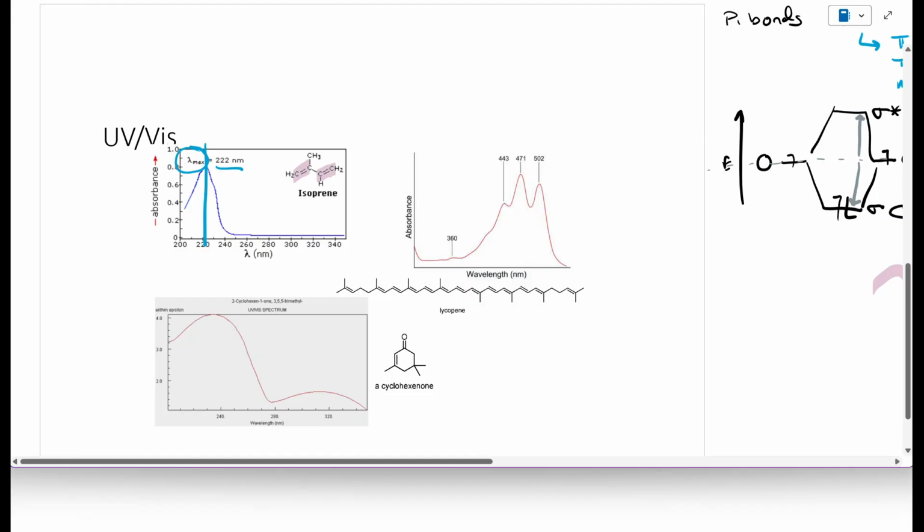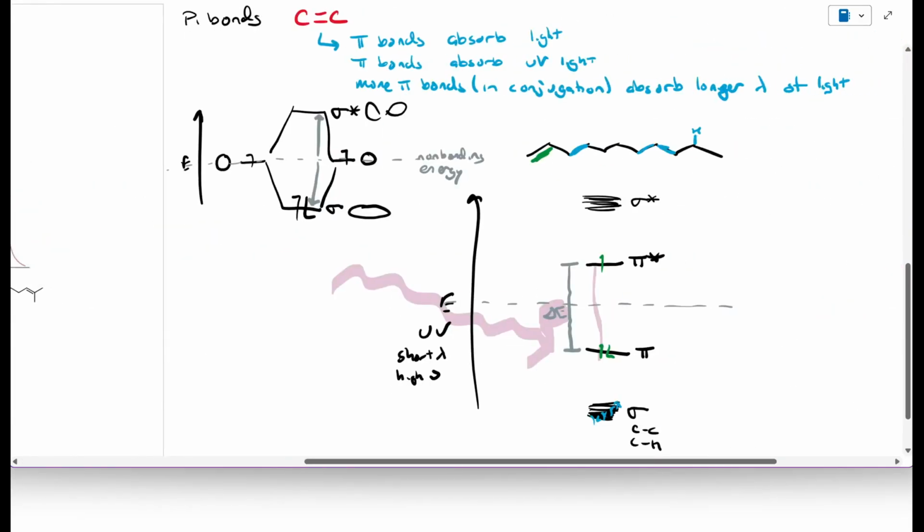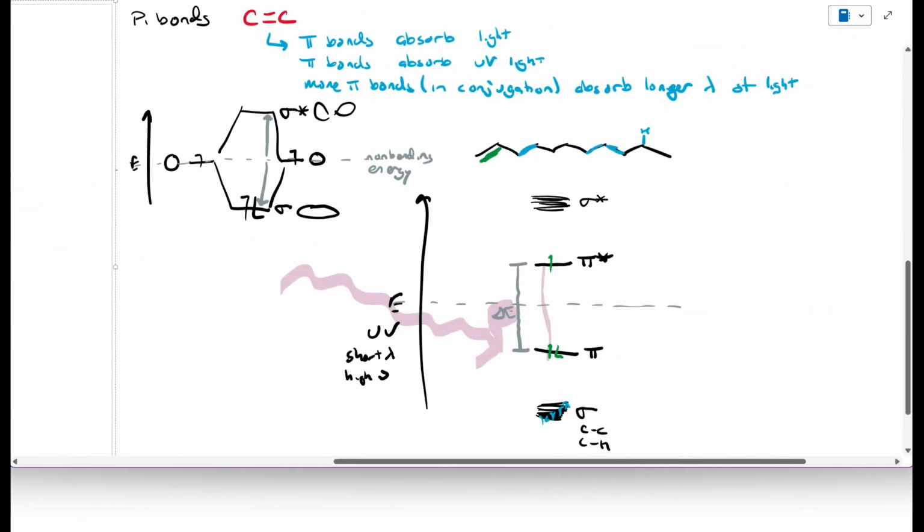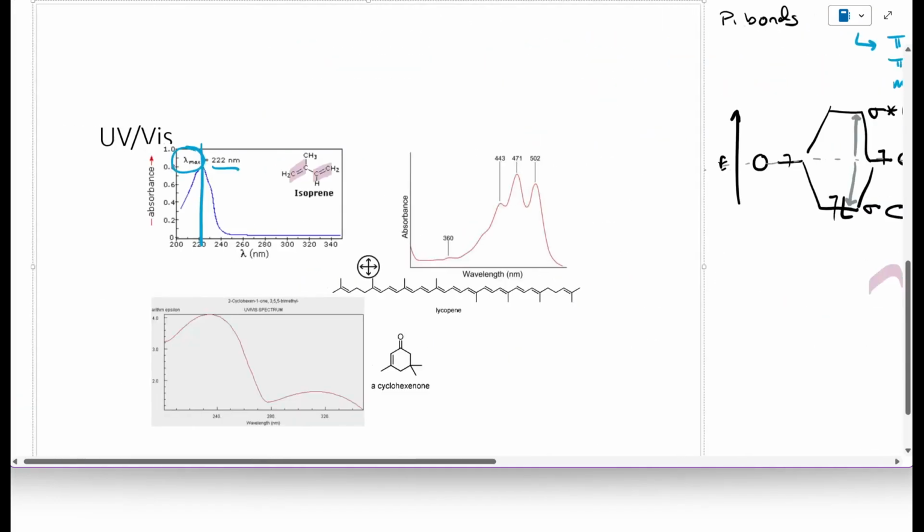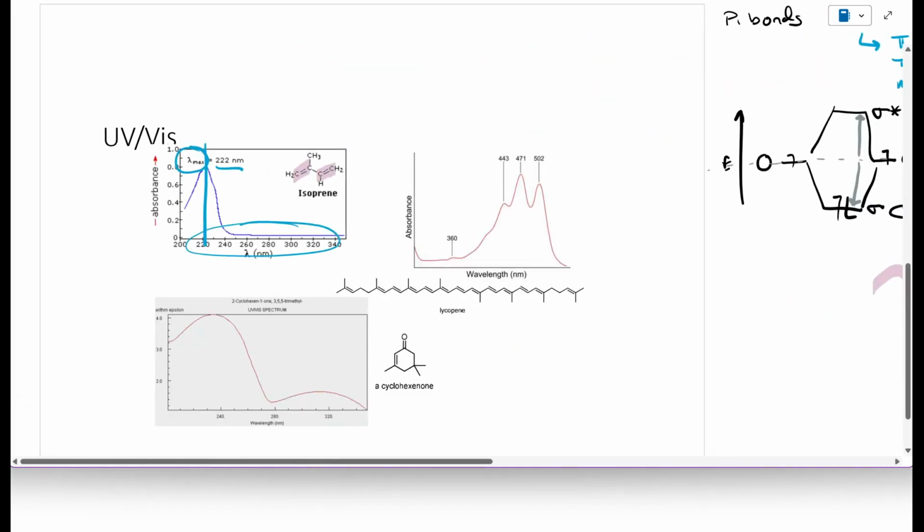Lambda max is the wavelength of light that is perfectly situated to excite an electron to a higher energy level. It's a wavelength of light that has exactly the right amount of energy to excite the electron to the higher energy level. Any other wavelength of light does not get absorbed by the molecule and is not used to excite the electron up to a higher energy level.